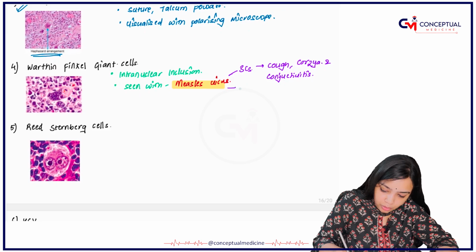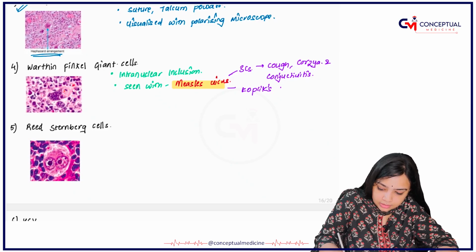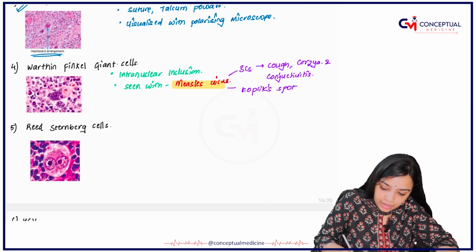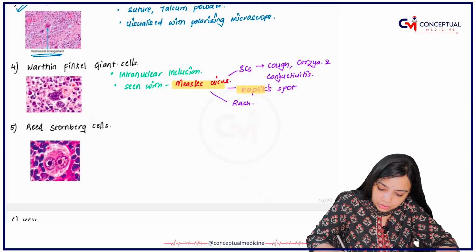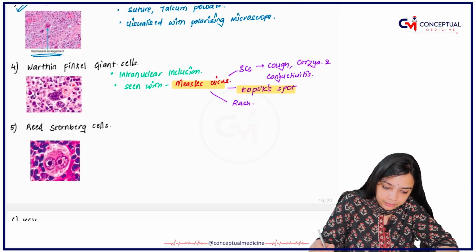And there is a special spot that is present, that is called as the Koplik spot, that is found in the buccal mucosa, and it also presents with rash. Okay, remember the Koplik spot very well.